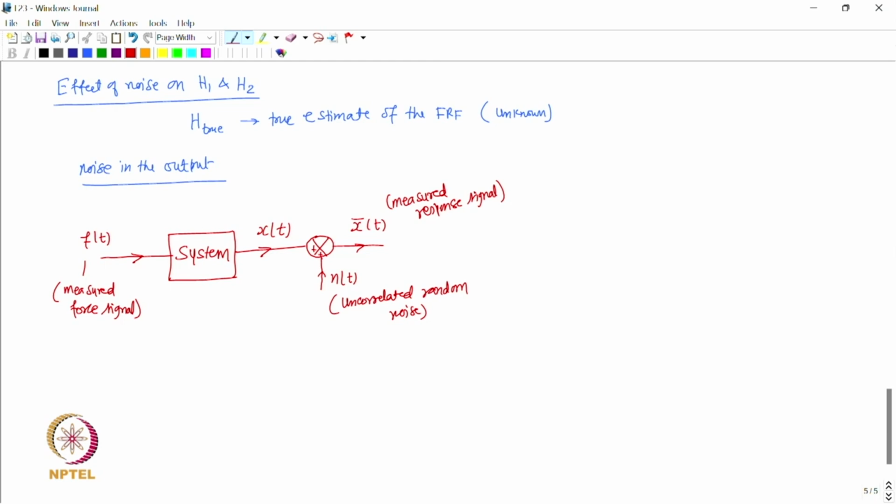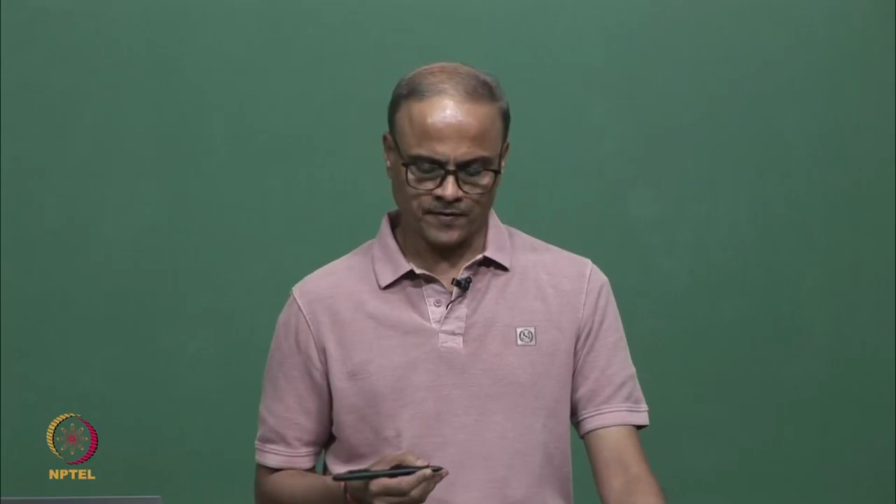So, n of t is uncorrelated random noise, which means that it is not correlated with either x or f.